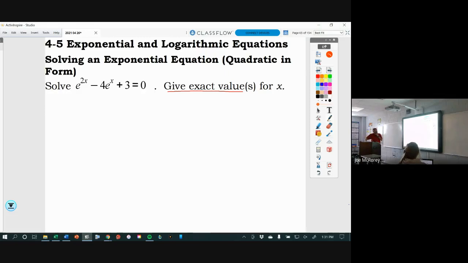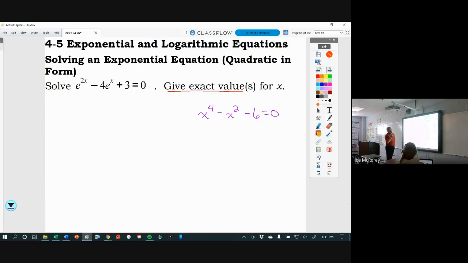What we have here is e to the 2x minus 4e to the x plus 3 is equal to 0. It might not look like it, but this is a quadratic. If you remember last semester, we looked at problems like x to the 4th minus x squared minus 6 equals 0, and to factor that, we could turn it into a quadratic.